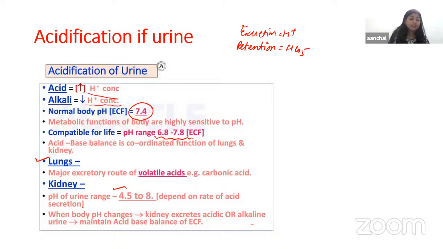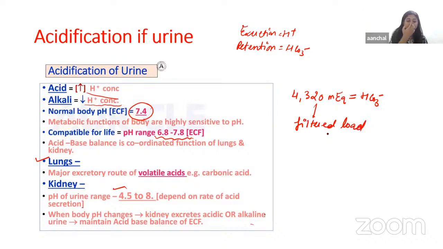Another thing, if we talk about the reabsorption of bicarbonate ion, in the kidney about 4320 milliequivalents of bicarbonate is filtered by the glomeruli every day, and that is known as the filtered load.